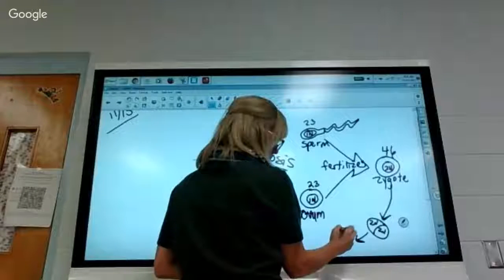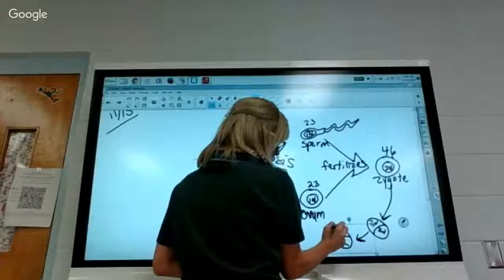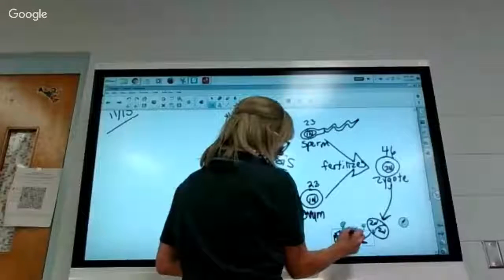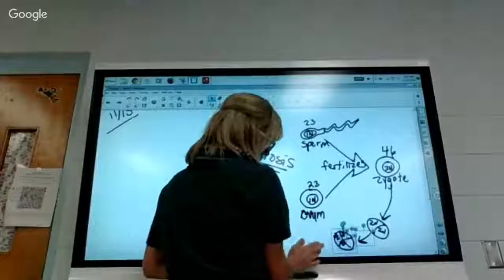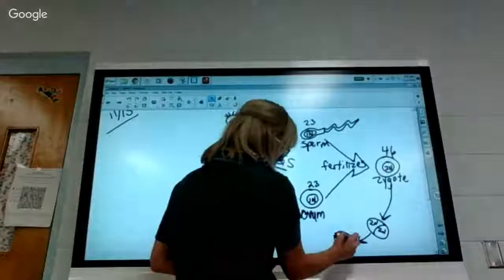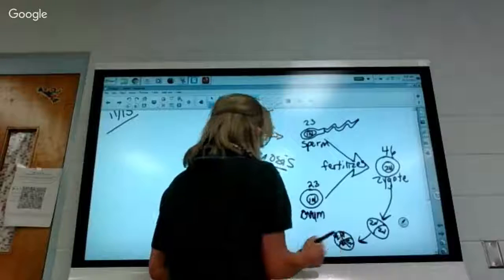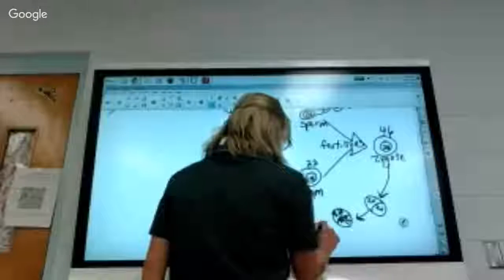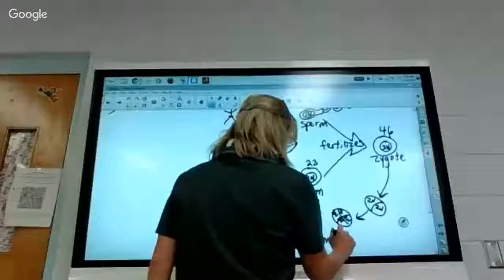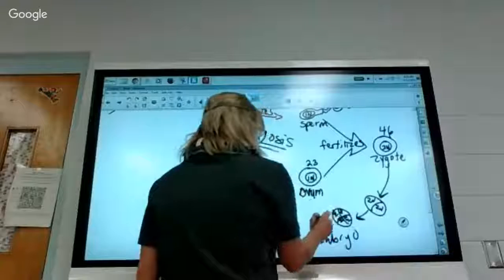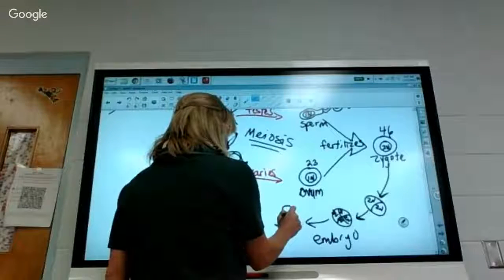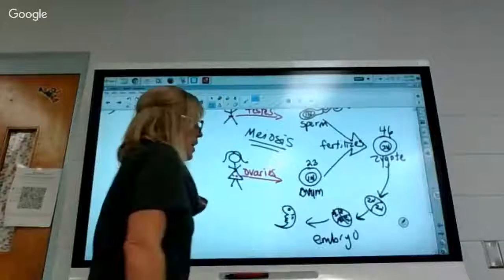And this happens as you grow and you divide. 2N. So you become a little zygote, a little embryo. So all this is embryo. And you become to look like a little embryo with a tail. Okay.